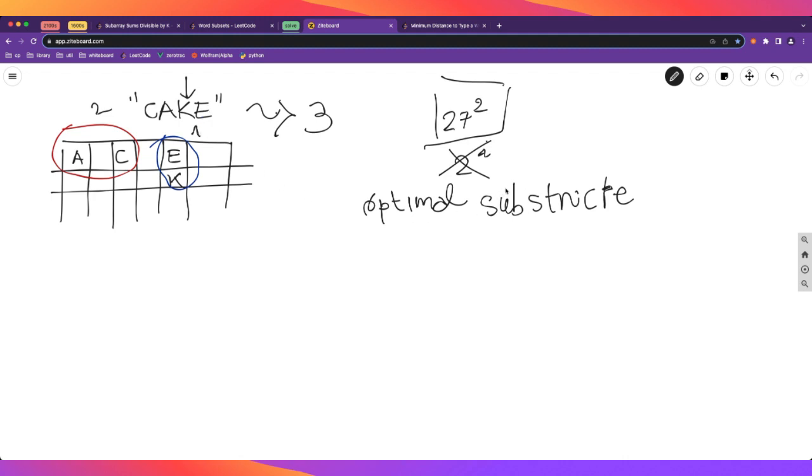Okay, so now it satisfies both conditions. Then let's characterize the subproblems.